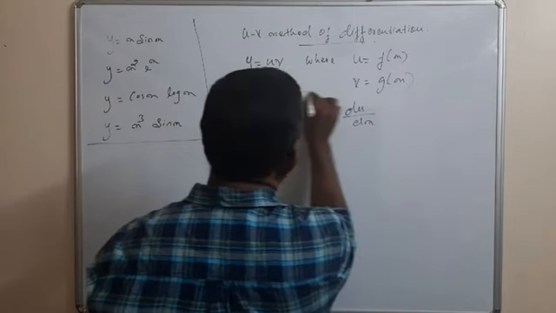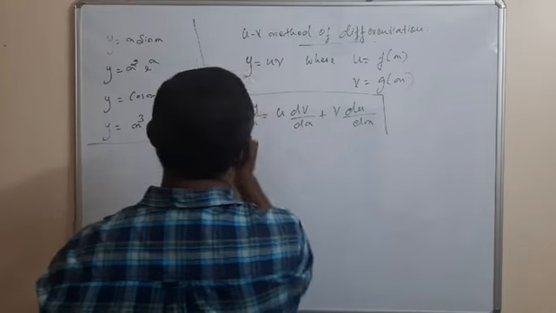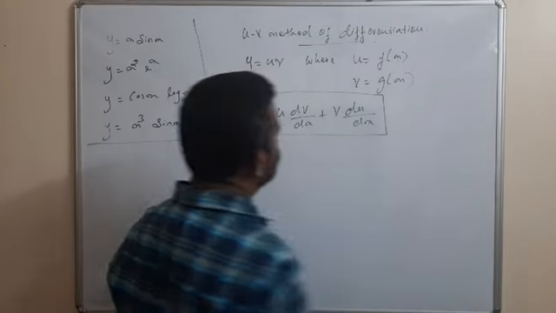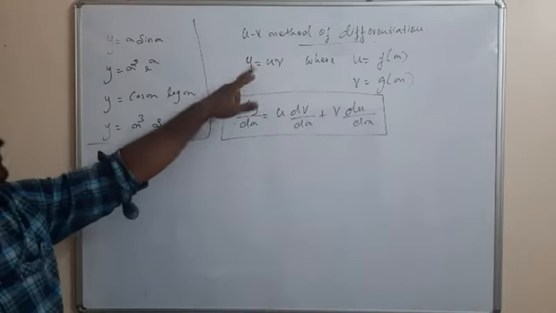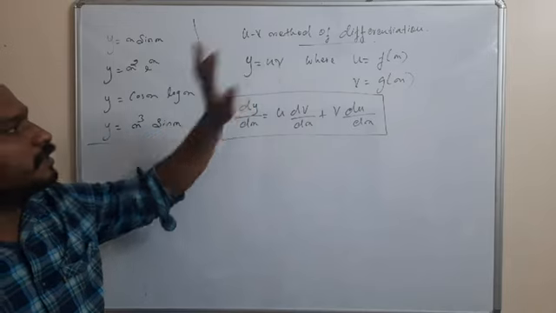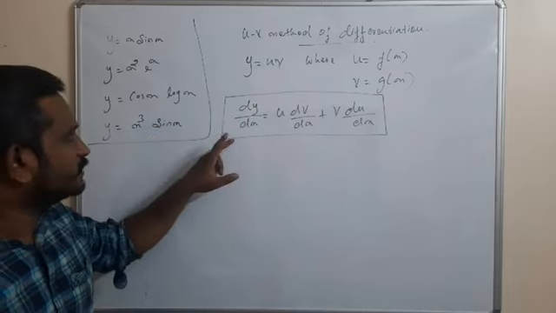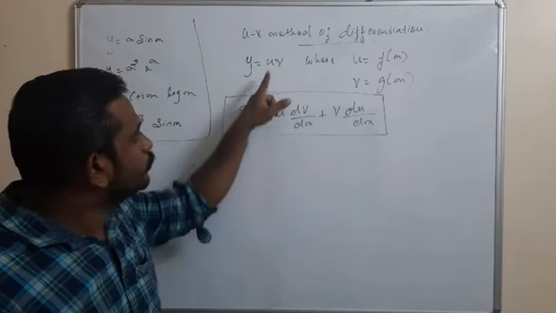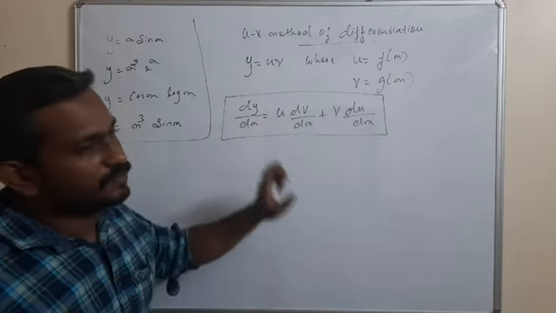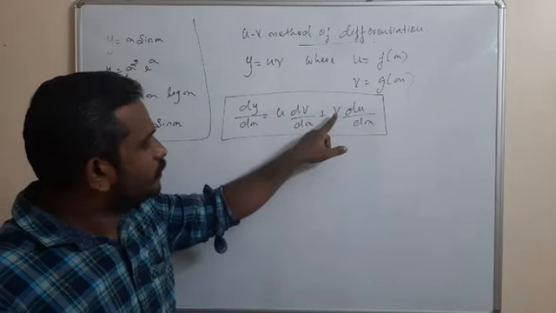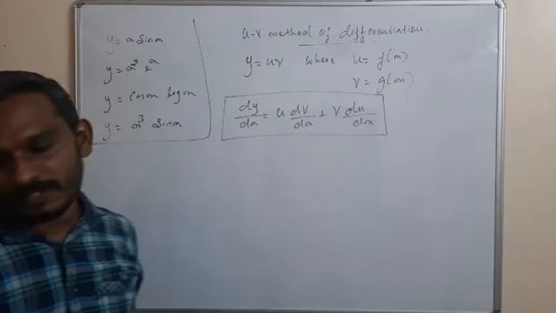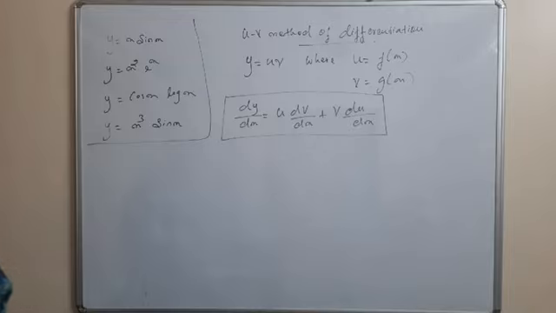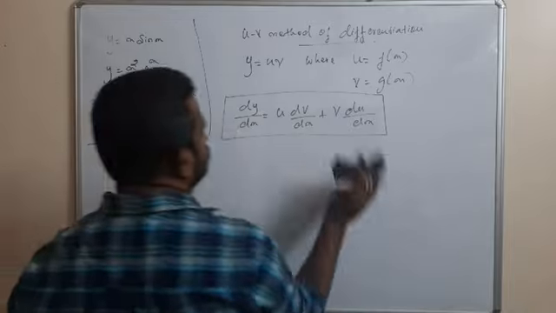This is the formula. So y is the product of two functions, then the differentiation of y with respect to x equals u into the derivative of the second function plus v into the derivative of the first function. Clear?